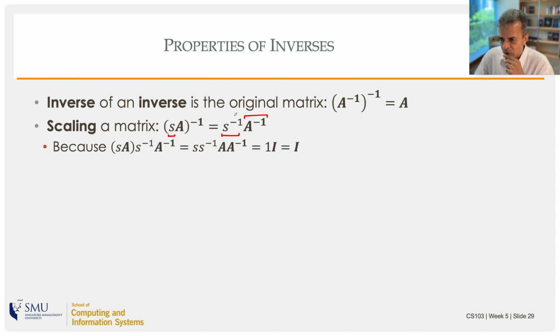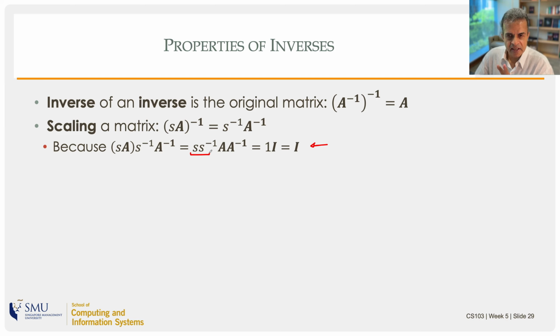Even though we use the same symbol here, 1 over s, we will not read this as a to the power minus 1 or 1 over a. So you can easily prove the statement that (sA) inverse is s inverse A inverse by just doing this. sA times s inverse A inverse, because scalar multiplication commutes with matrix multiplication.